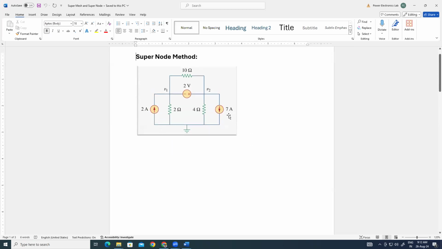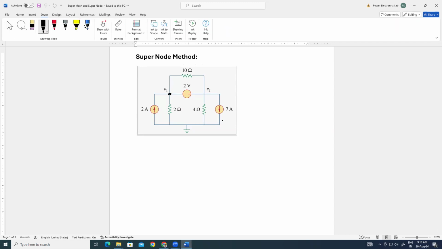If you want to apply the simple node method, in this problem, how many nodes are there? 3: 1, 2, and this one.